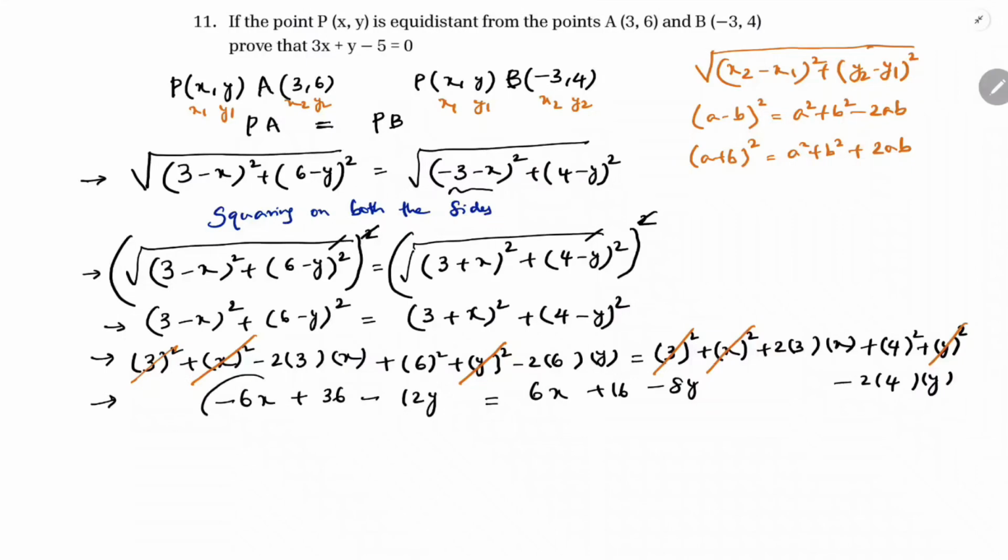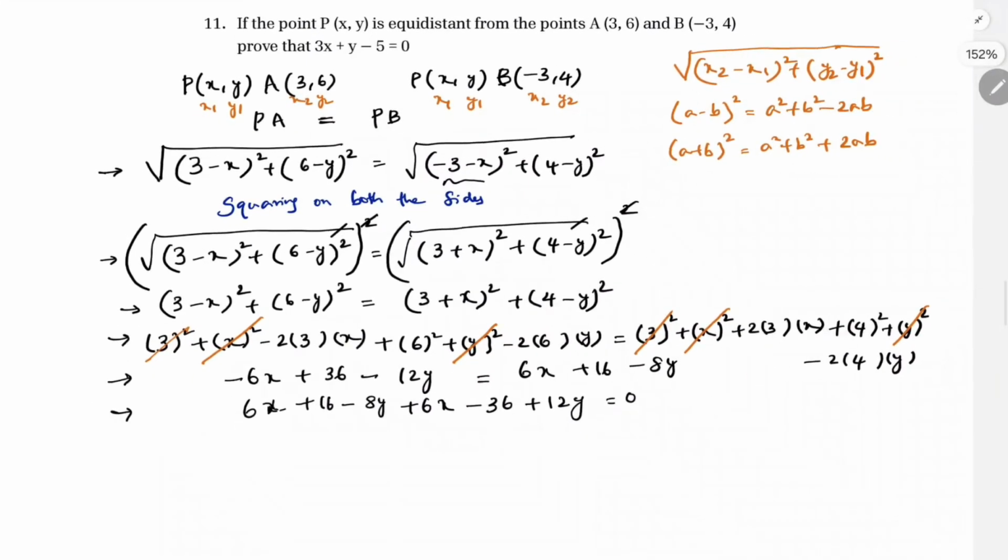Now here we have minus 6x, and on the right plus 6x, so this value is bigger. So I'll bring all the terms towards the right side: 6x plus 16 minus 8y plus 6x minus 36 plus 12y equals 0.